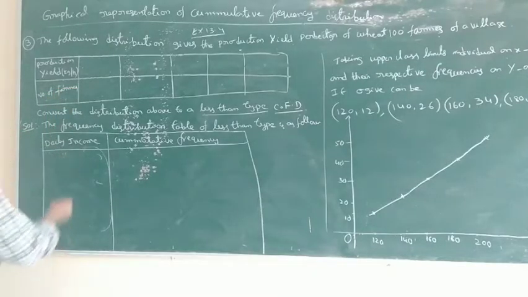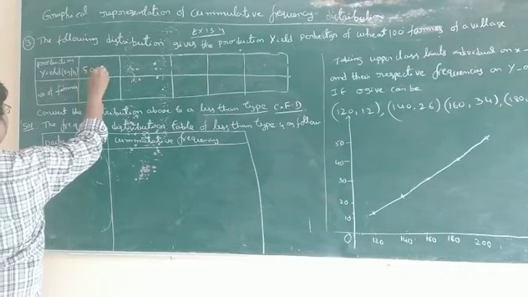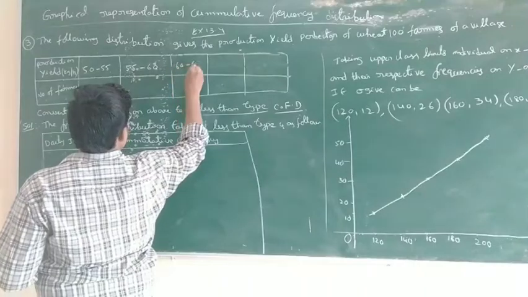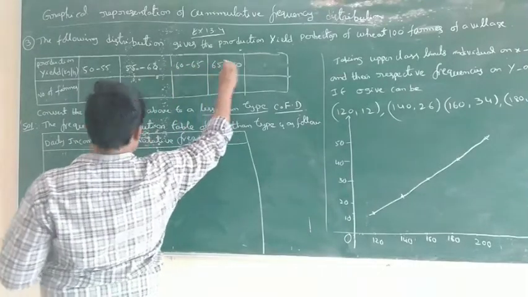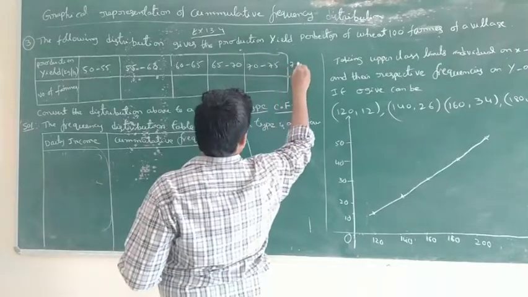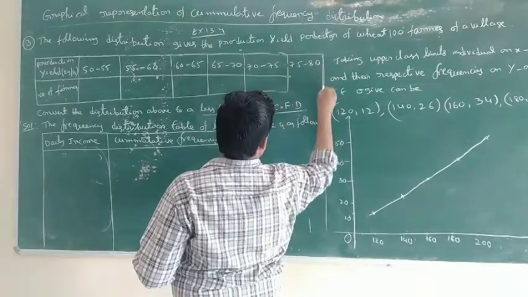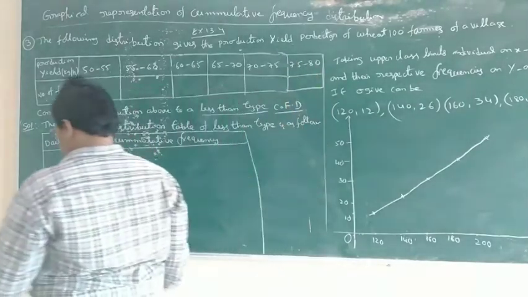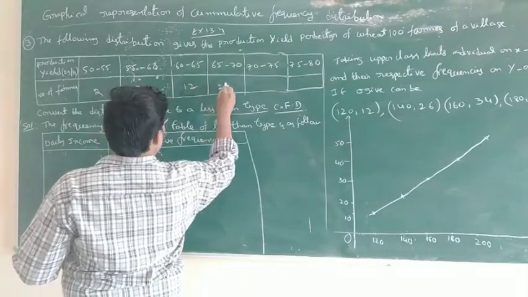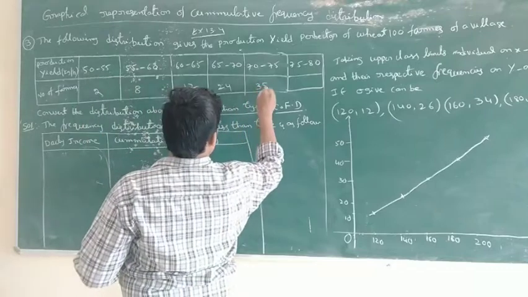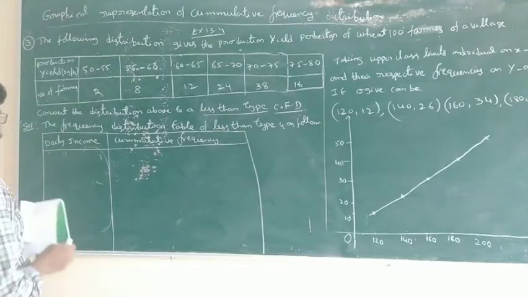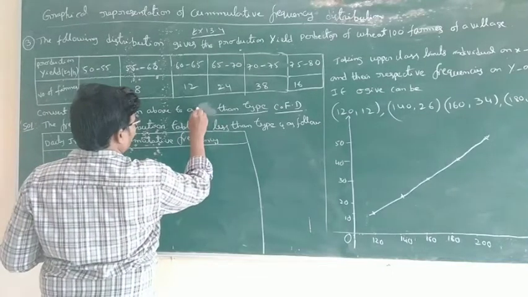The classes are 50 to 55, 55 to 60, 60 to 65, 65 to 70, 70 to 75, 75 to 80, with frequencies 2, 8, 12, 24, 38, 16.